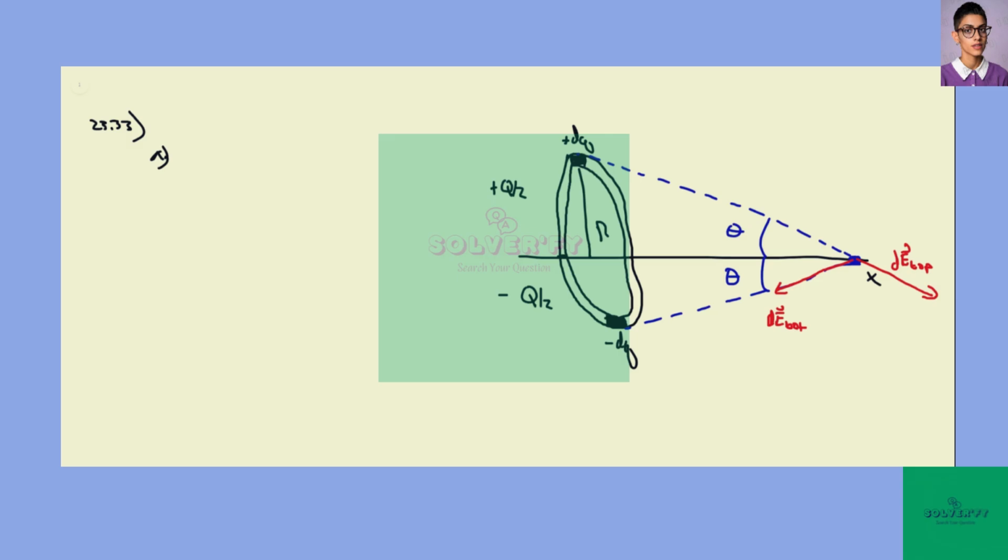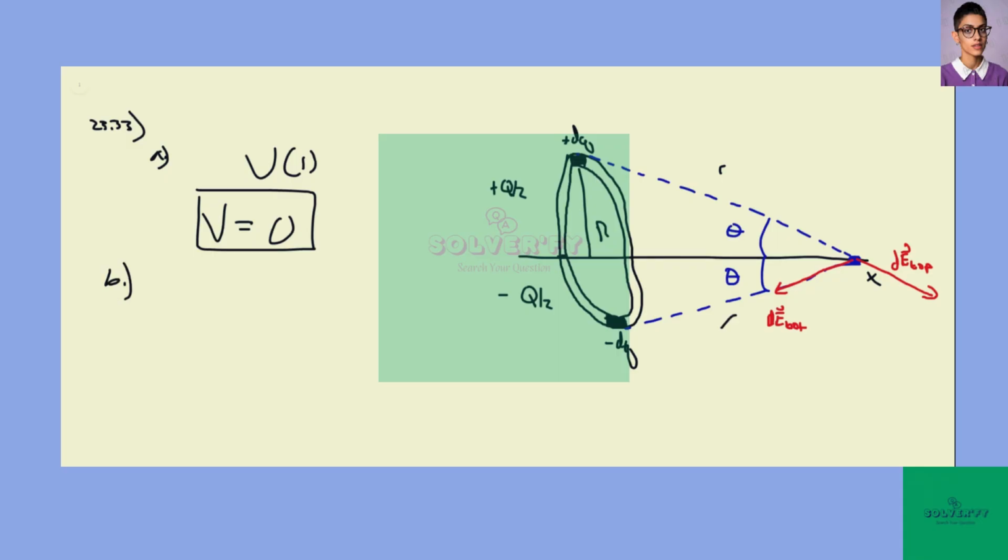Since potential only depends on the distance and not a vector quantity, these are both the same distance r along these blue dotted lines away from the point, and they have opposite charge. So they're going to cancel each other out, and that's going to happen at every point along the ring. It's going to have an opposite point across the ring that cancels out its potential. So that leads to a zero potential across the whole ring at that point. Okay, cool.